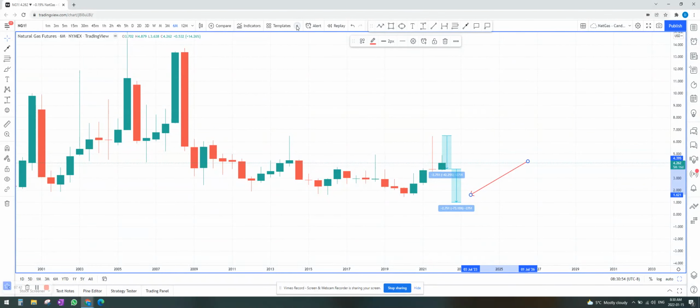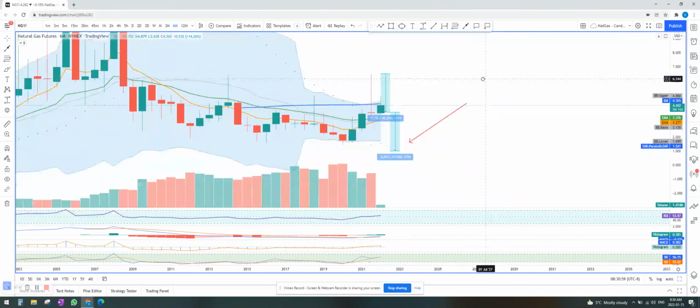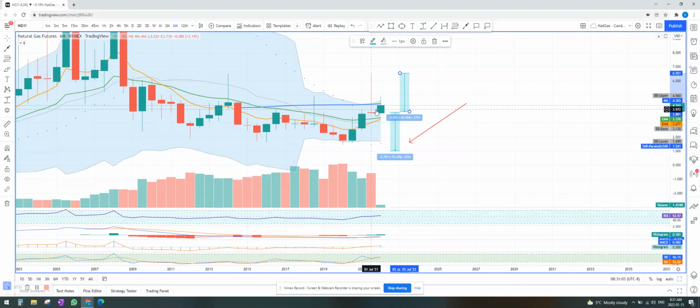Let's add some technicals and see where we are standing. The chart is showing the candles above the 8 exponential moving average line, and so far it looks like the trend is bullish.